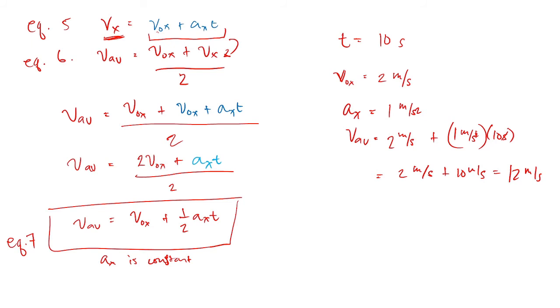But if we continue on with this computation using this equation 7, wherein our average velocity is equal to our v naught x plus 1 half acceleration times time, or constant acceleration times time.